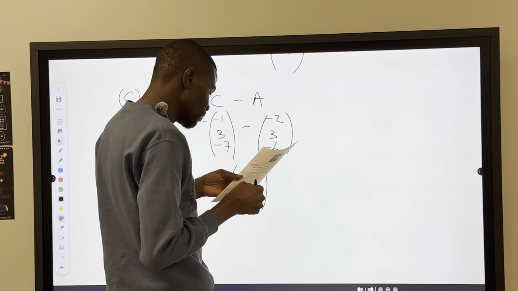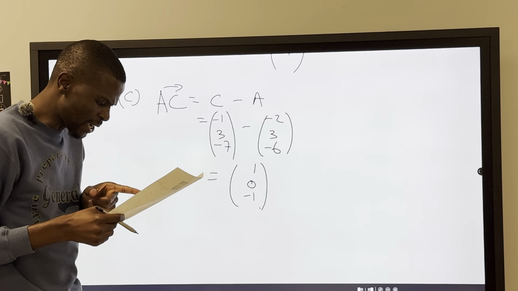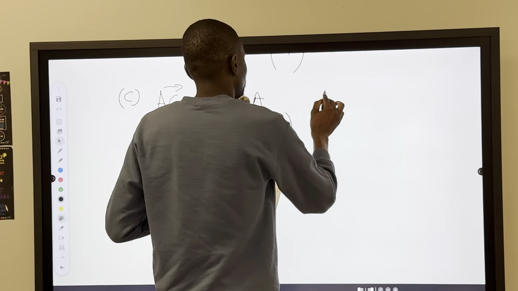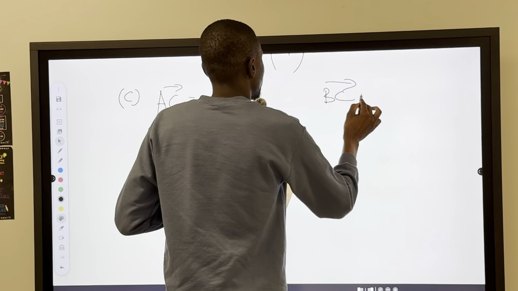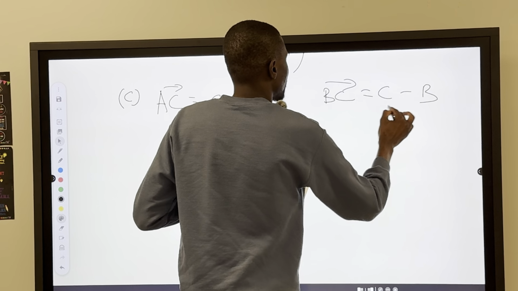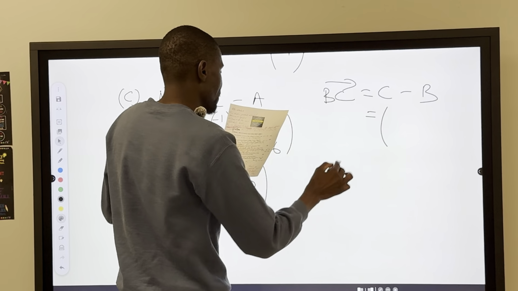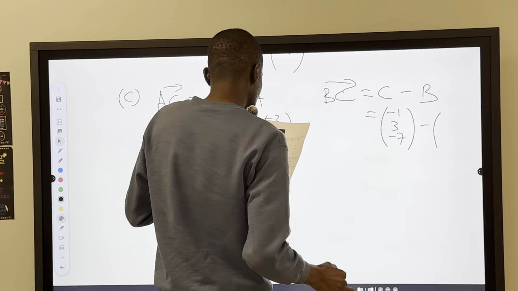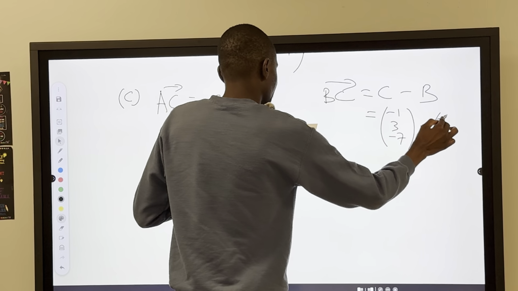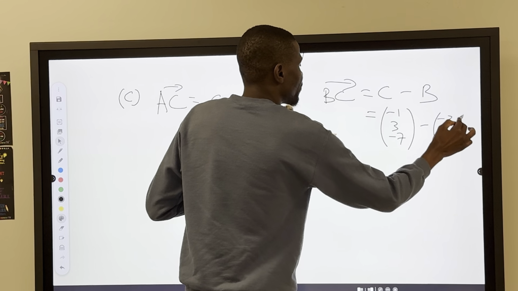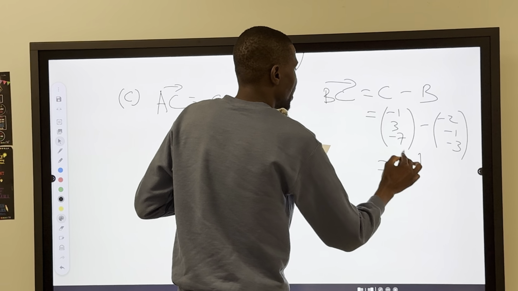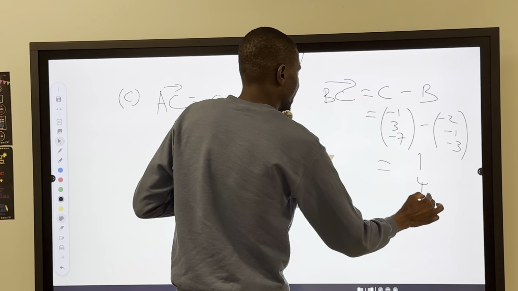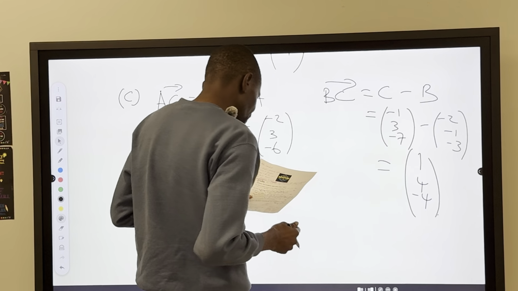Then we also need, because on item C it was now from B to C, C minus B. So our C is (-1, 3, -7), subtracting B, which is (-2, -1, -3). So here that's 1, 4, and -7 plus 3, that's -4.